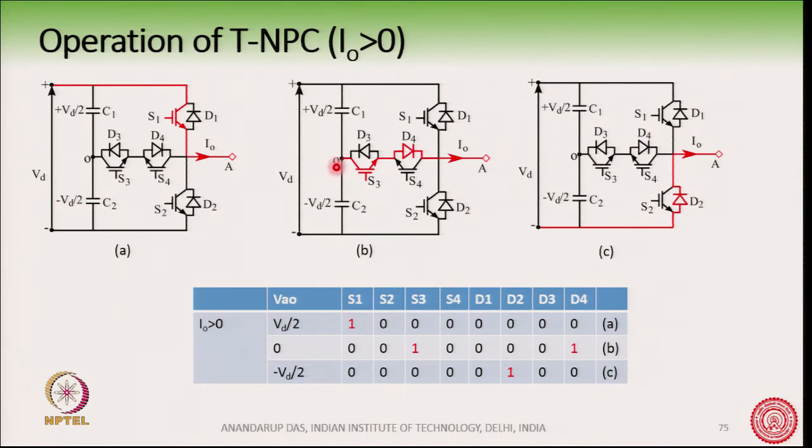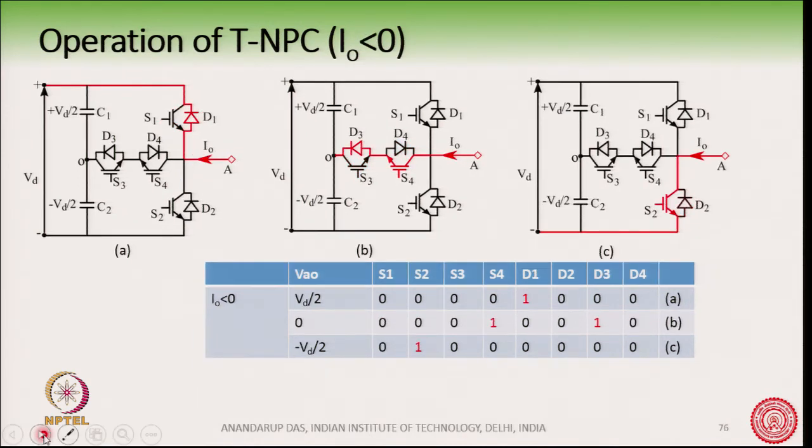If I want to get the 0 voltage, then the red path here is how the switches will be conducting, and if I want to get the minus Vd by 2, the diode D2 will be conducting, as shown here. So, this is for the condition when the pole current is greater than 0.